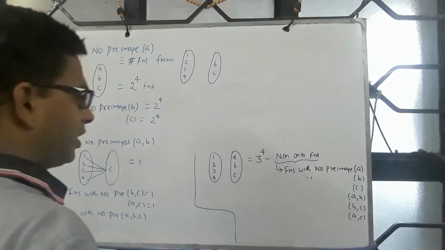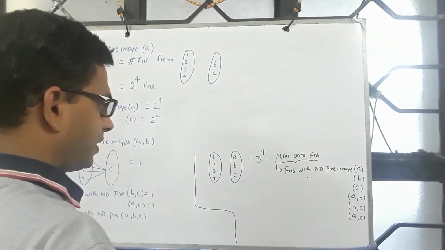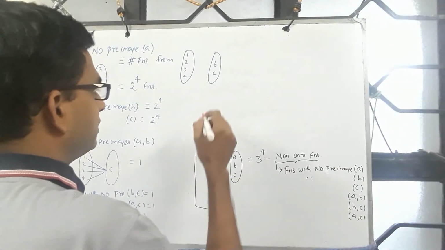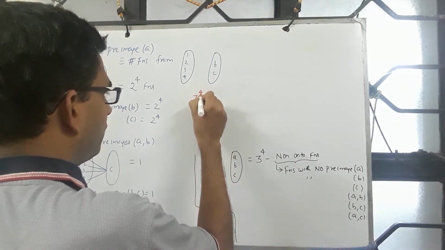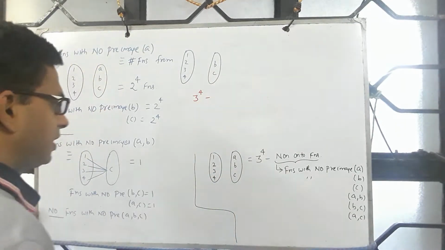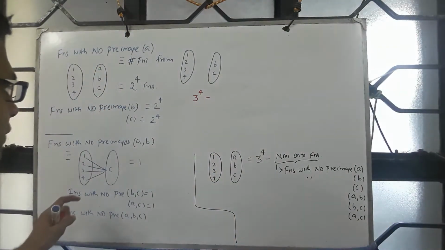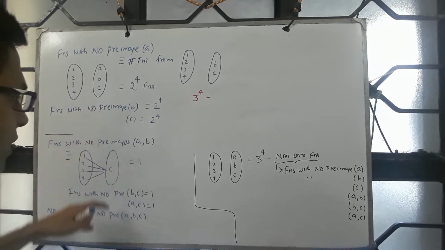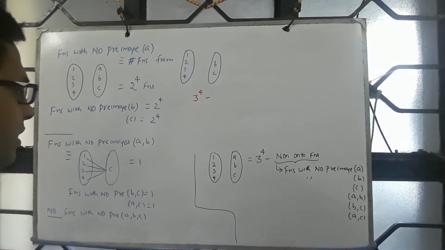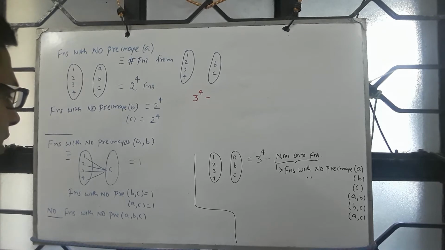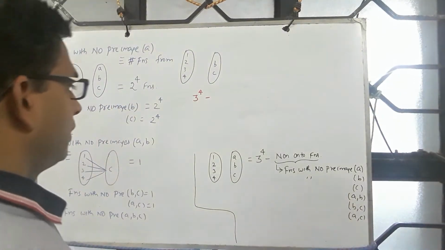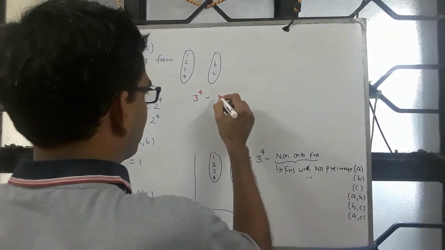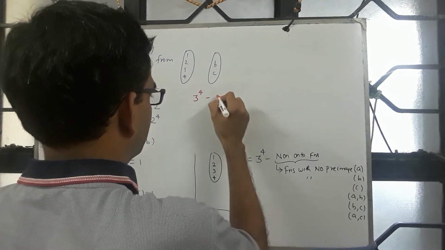Okay. So now the total number of functions which are onto is 3 power 4 minus the number of non-onto functions. The number of non-onto functions we have listed here, so we should make use of this to get this count. So 3 power 4 minus non-onto functions.